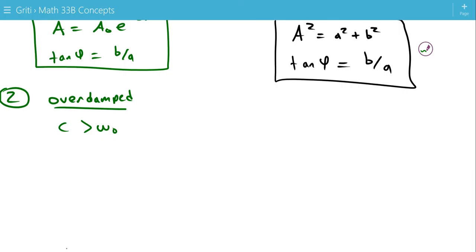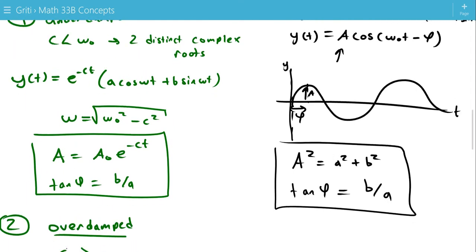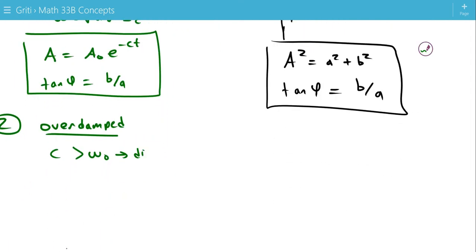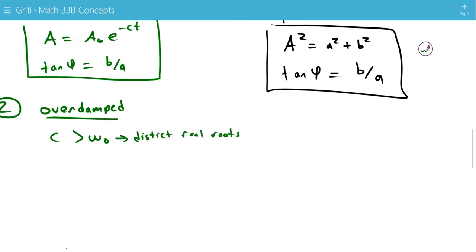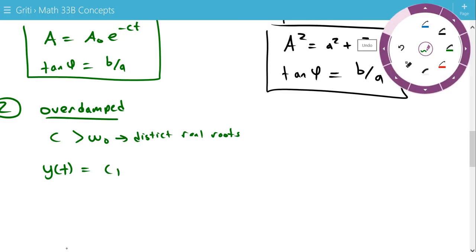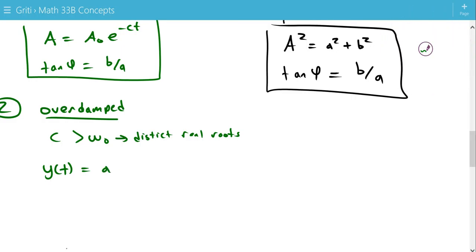And in this case we have a positive number under the square root, so we get distinct real roots. So our solution is going to look like this: y of t equals a e to the lambda 1 t plus b e to the lambda 2 t.